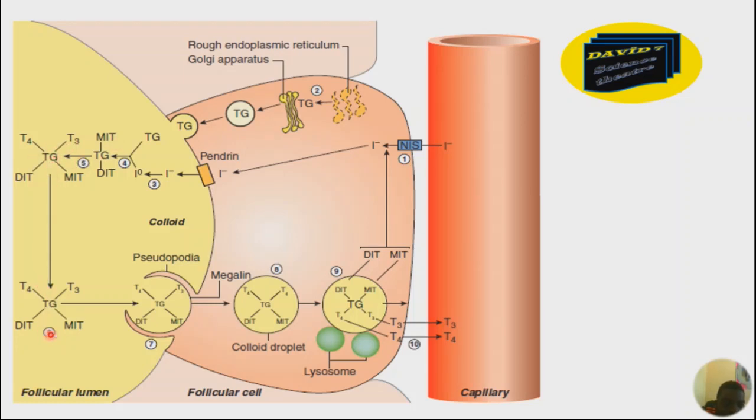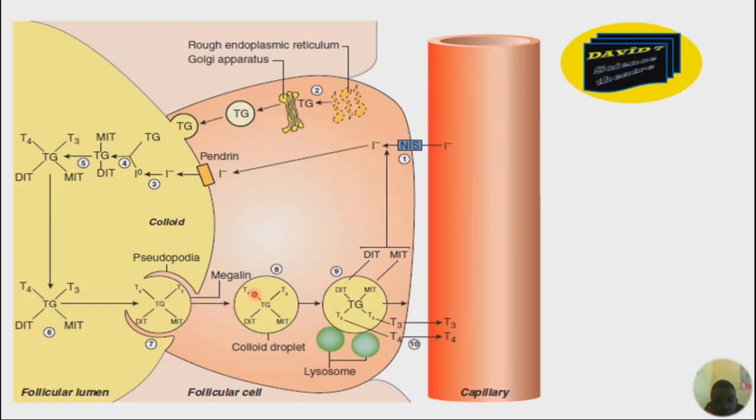Now the Tg in the colloid is reabsorbed into the epithelial cell. This reabsorption involves formation of a pseudopodium, or you can say endocytosis.